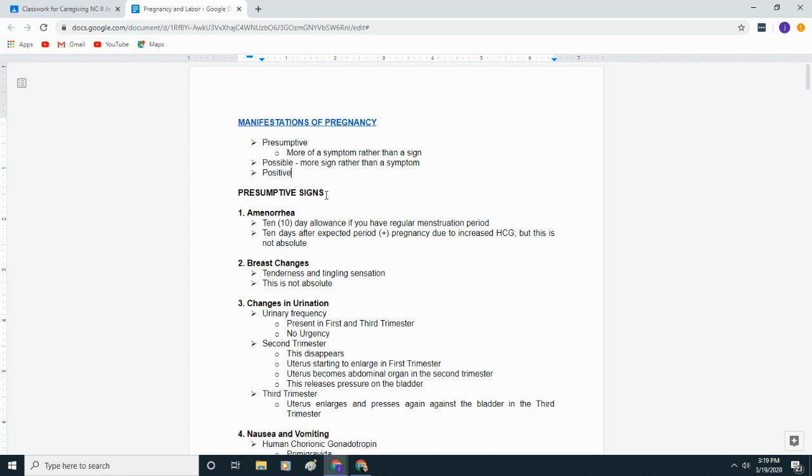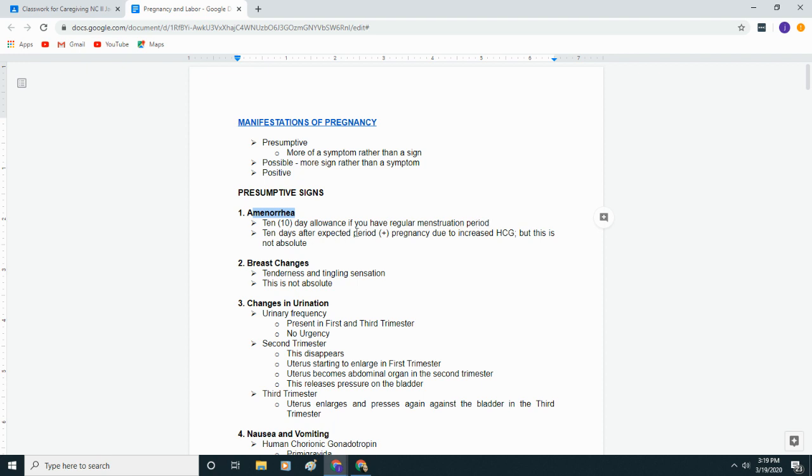Let's start with the presumptive signs. The first presumptive sign is amenorrhea. Amenorrhea is the cessation of your menstruation. A means nothing, menorrhea means menstruation. Allow a 10-day allowance if you have irregular menstruation.